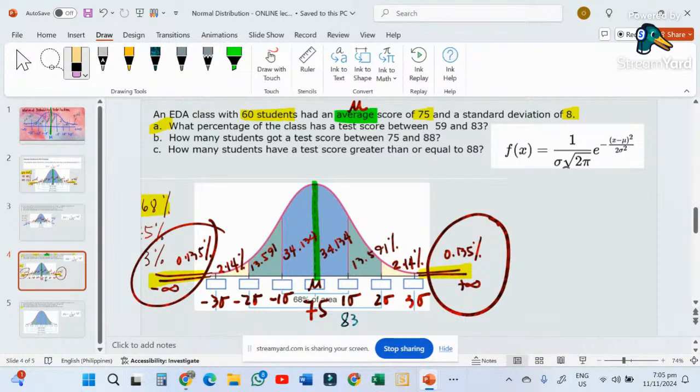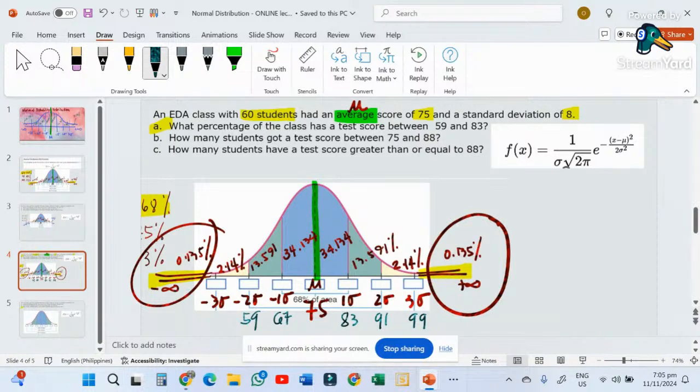75 plus 8, that will be 83, plus another 8, that will be 91. In the 2 sigma position, in the 3 sigma, plus 8 will be 99. Towards the positive infinity, of course, that will be 100. And as we go down, 75 minus 8, that will be 67. Am I right? Because 67 plus 8 is 75. 67 minus 8, that will be 59.